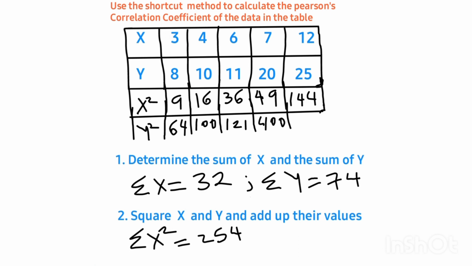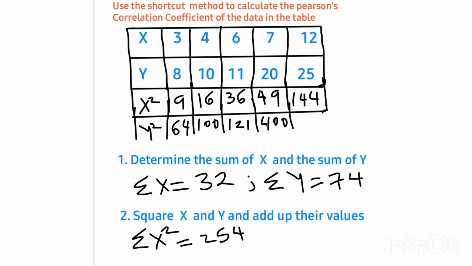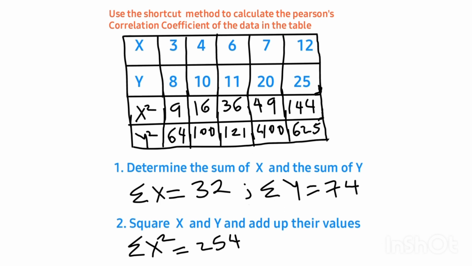Lastly, 25 square gives 625. And so we have to add up these values. We have 64 plus 100 plus 121 plus 400 and lastly plus 625, and that gives 1310. Summation Y square equal 1310.